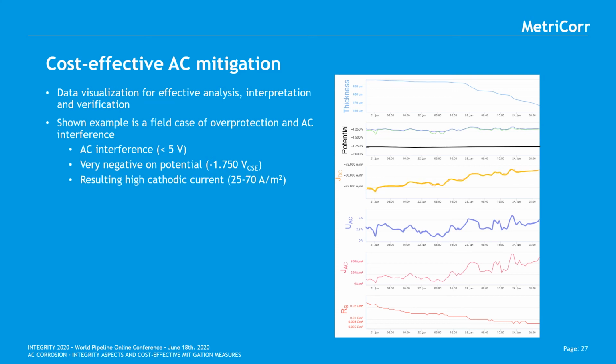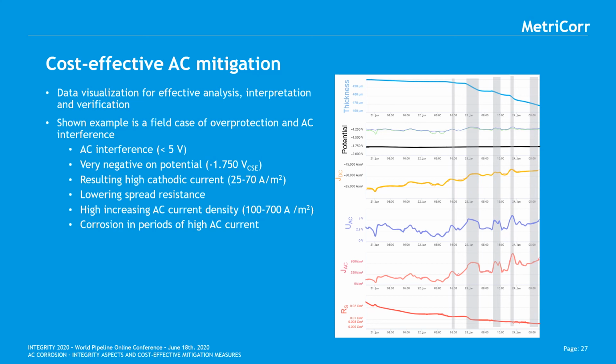As a result, the cathodic current density was extremely high, increasing up to 70 amps per square meter. Therefore, the spread resistance was lowering dramatically, causing the AC current density to increase despite relatively constant AC level.